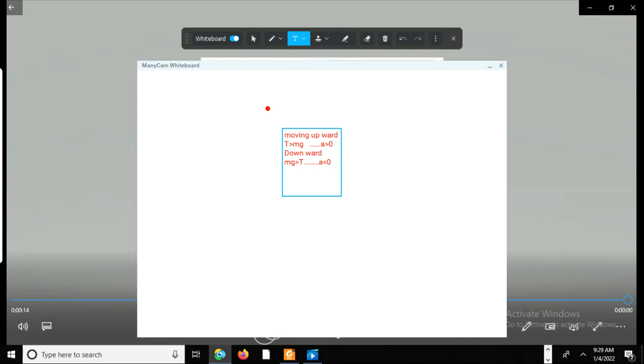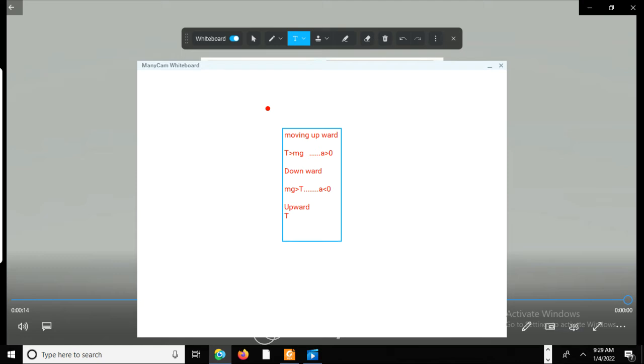So for moving upward, let me give you space. Okay, yeah, for moving upward, what do you expect?